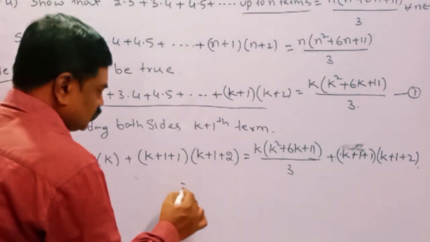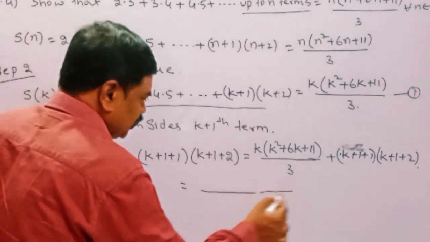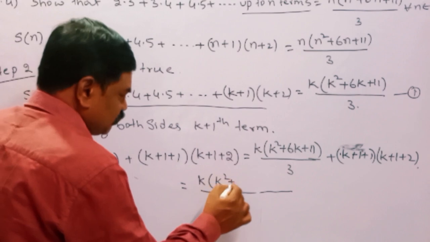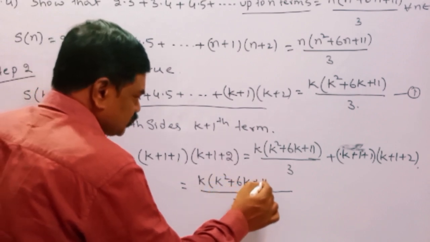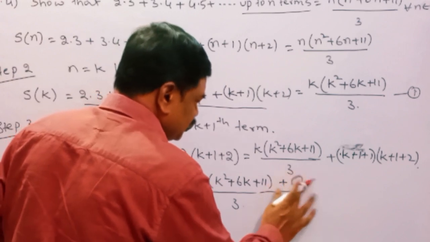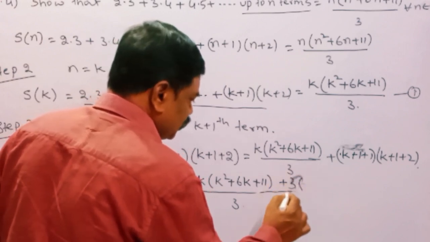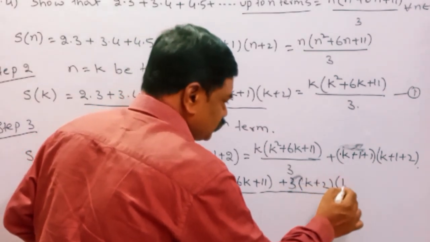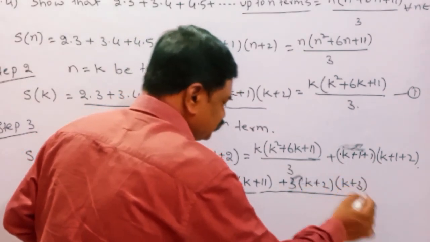Okay, all of you. This is equal to, here the LCM is 3, k of k square plus 6k plus 11 plus 3 into k plus 2 into k plus 3.